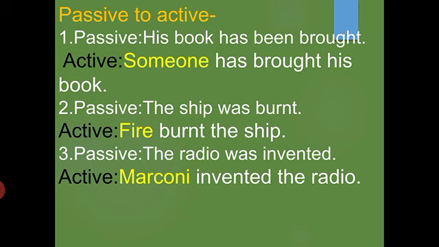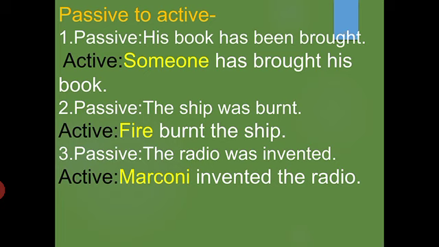The sentence is, his book has been brought. There is no by plus object. So, dear viewers, we can easily take here an object, and that is someone. In the second sentence, the sheep was burnt.